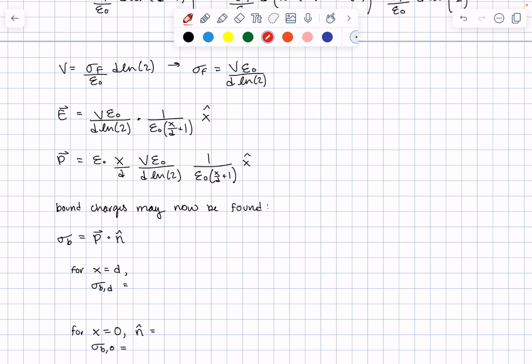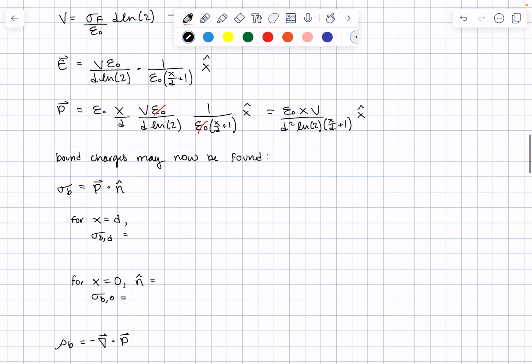And we can just do some quick simplifying here. And our polarization will be equal to epsilon naught x V over d squared ln 2 times x over d plus 1 in the x hat direction. And now we're able to find our bound charges.